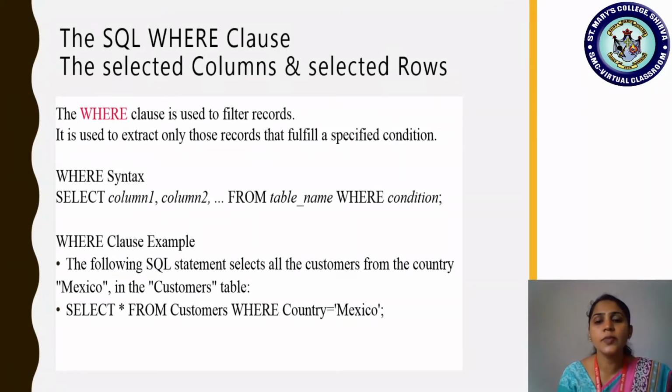So such data type values have to be embedded, or mentioned within single quotes, right? So in the where clause, what is the condition we have added? Country equal to Mexico. Country is a column name, and for the attribute country, whichever row has the value Mexico, the statement has to select only that particular row.